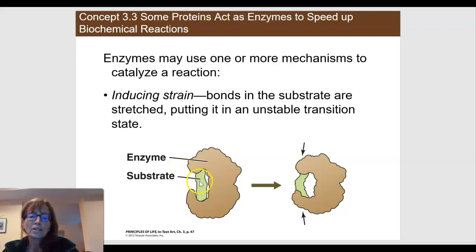So they enter. There's some binding. There could be some rearrangement of the substrate, putting it into a good position. And then the enzyme changes its own shape enough to create a little strain on these bonds of that substrate, which will help the bonds to break, and that will lead us toward that reaction. So this is lowering that activation energy barrier.